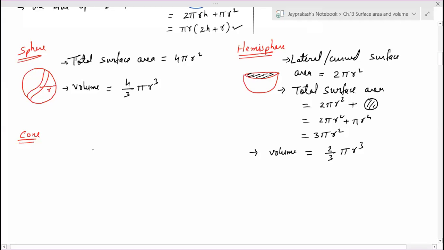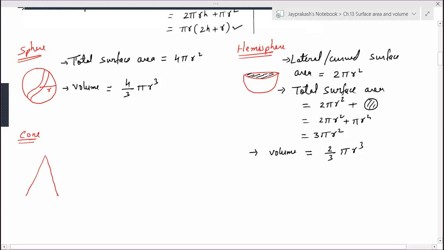So give the next heading, cone. This one is the cone. So imagine an ice cream cone.